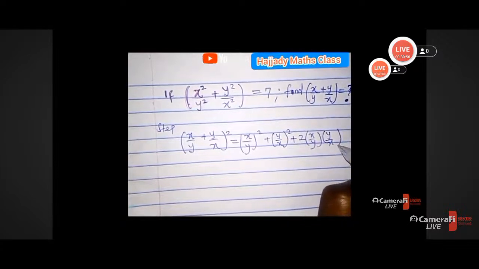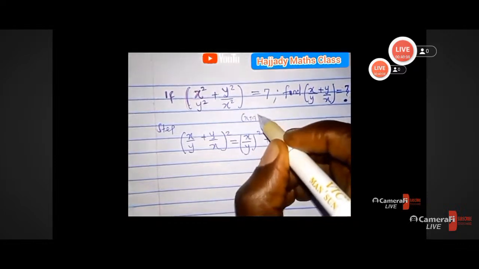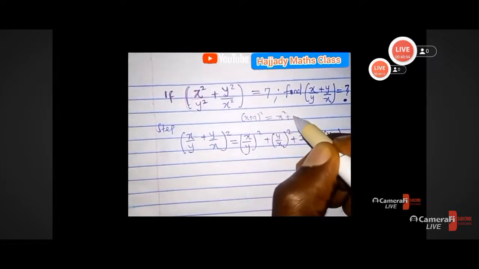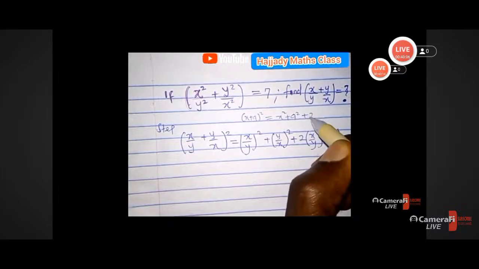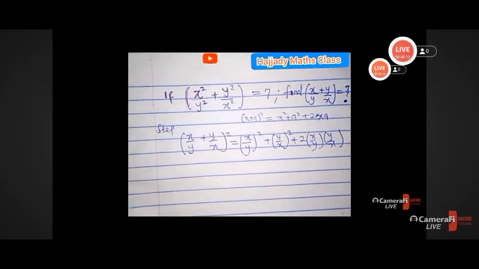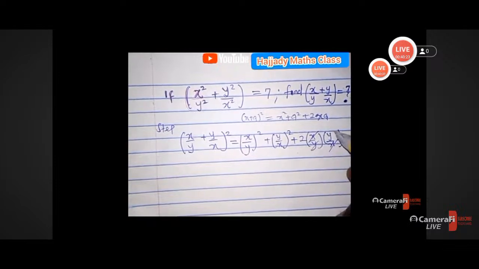The method used in this is when we have x plus a all squared. Don't forget, this is the same as x squared plus a squared plus 2 times x times a. Okay, so that is the short method for expansion. So that was the same thing that was applied here. So solving this further now, we should know that x can cancel out x, while y cancels out what?